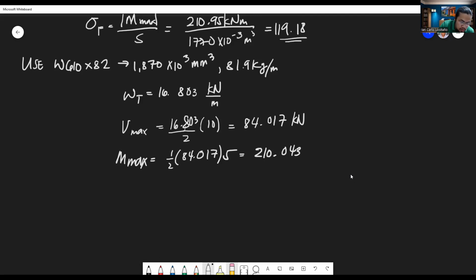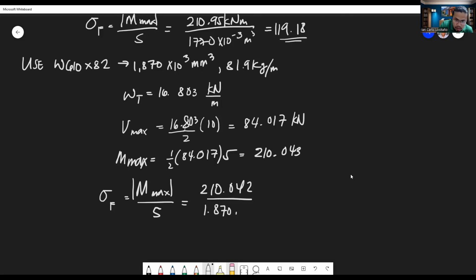Now we have our M max, and you simply compute for the flexural stress, M max divided by the S. We have 210.042 kilonewton meter over 1,870 times 10 to the negative 3 meter cubed. We cancel the meters, and we get 112.32 times 10 to the 6th pascals, or megapascals.